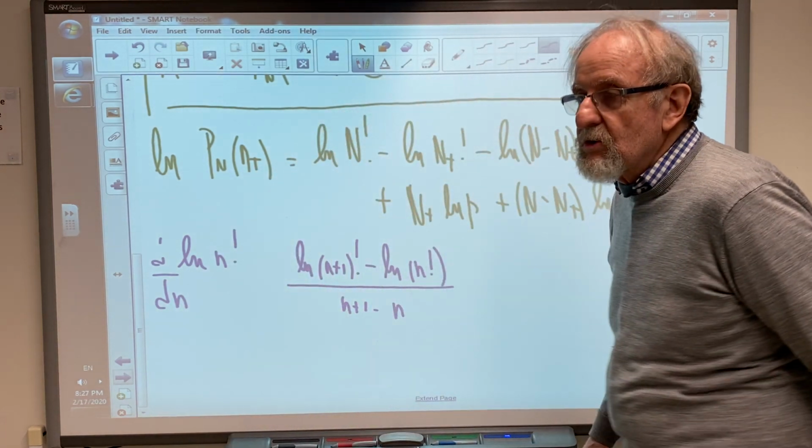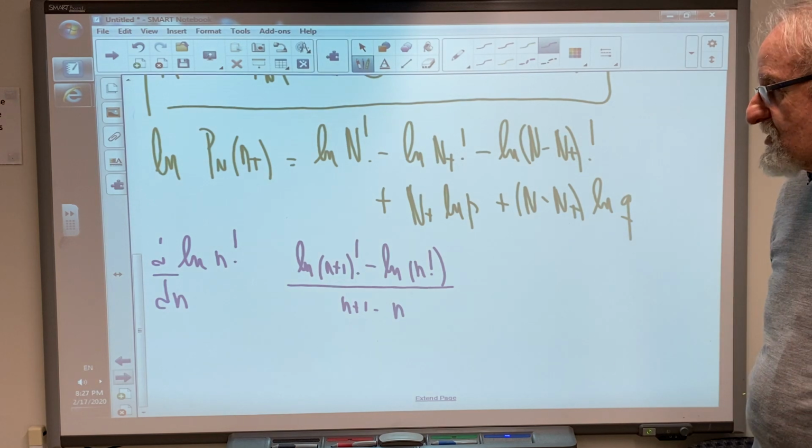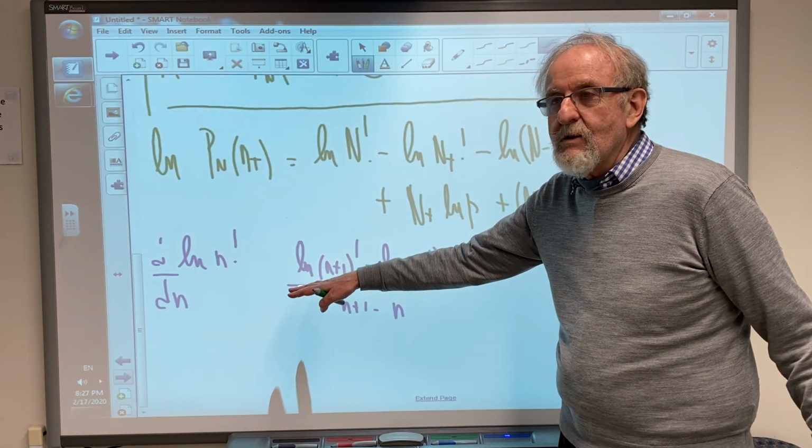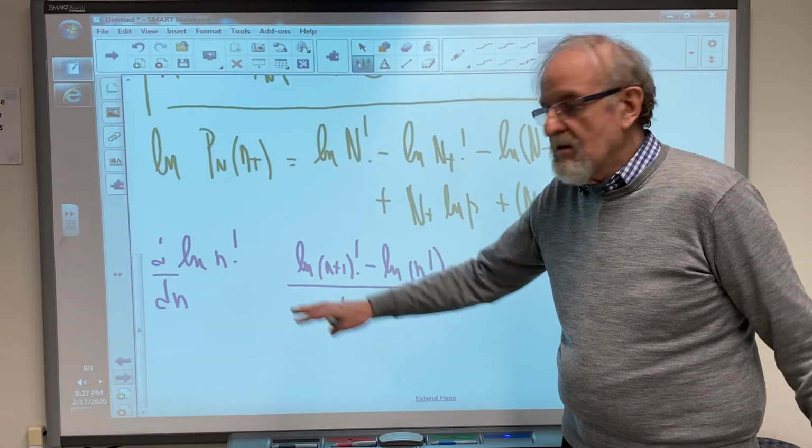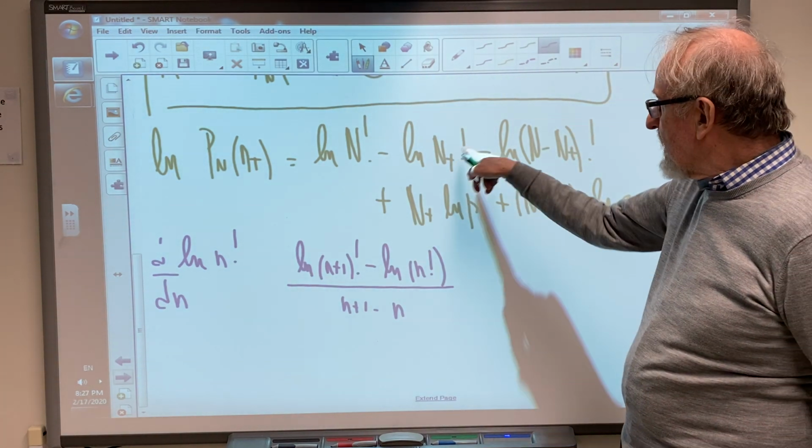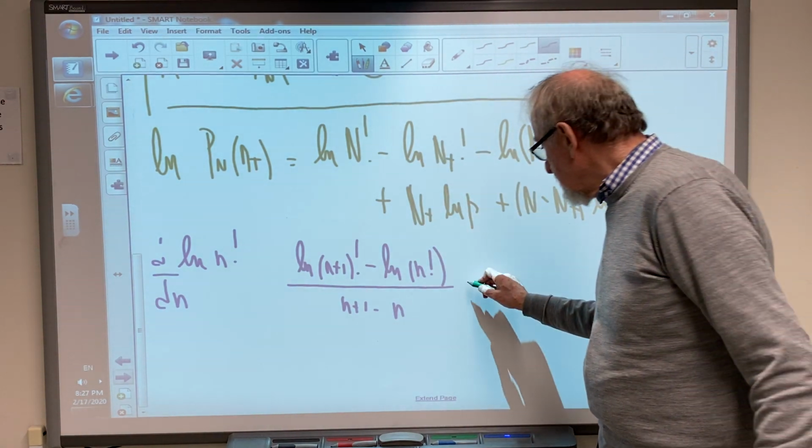So I am using a sort of discrete version of the derivative. This is an auxiliary calculation, you understand? I am just trying to find out how to calculate this derivative.